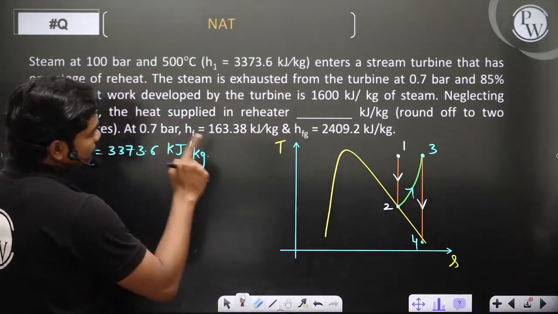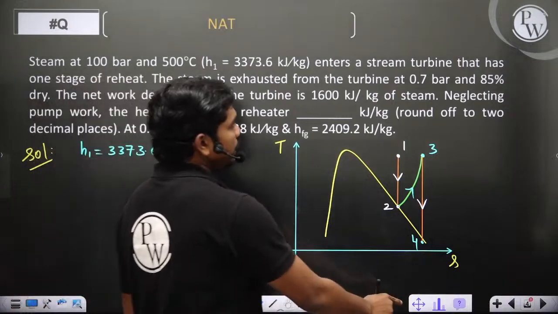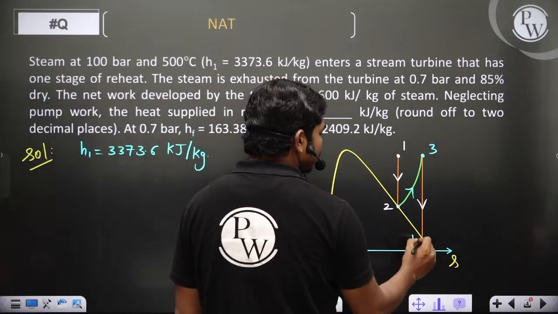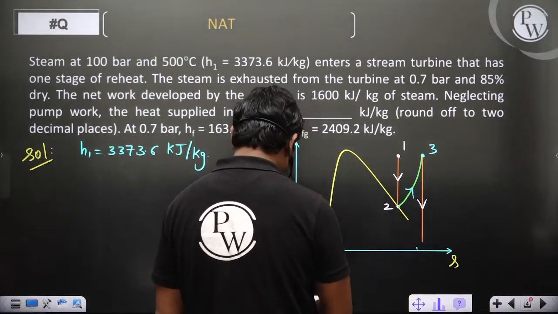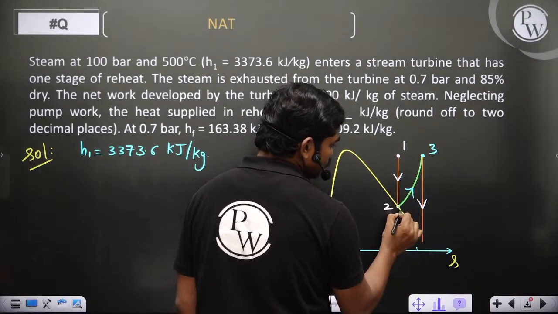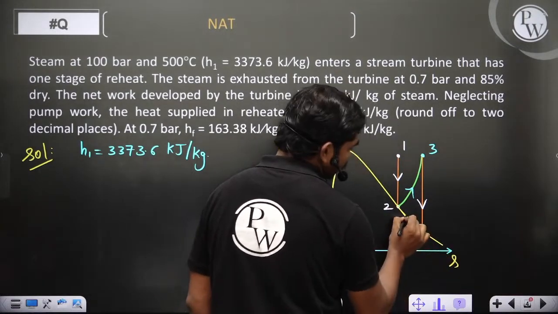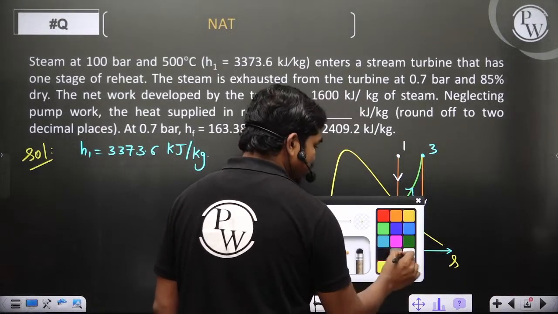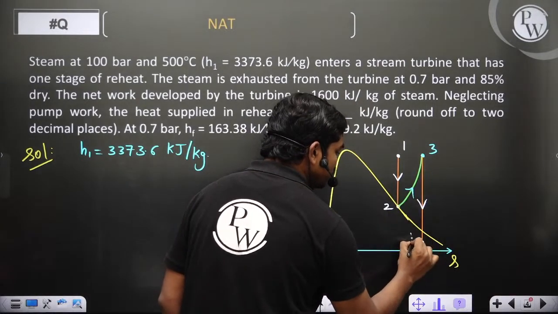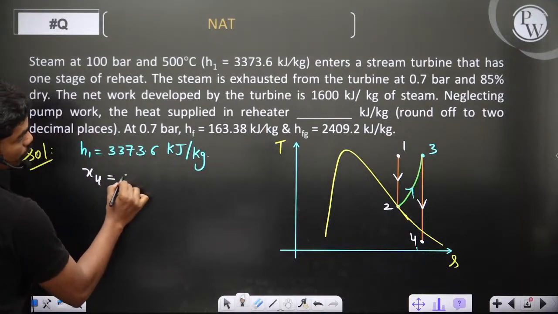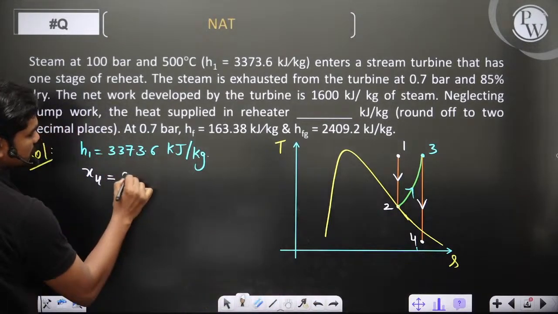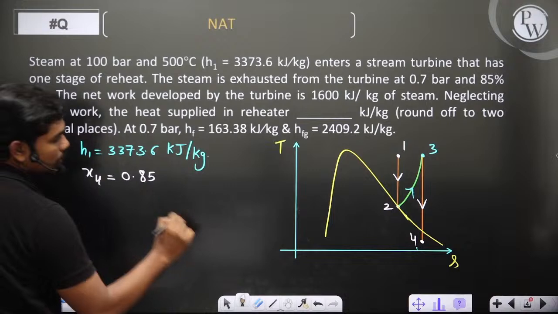The steam is exhausted from the turbine at 0.7 bar and 85% dry. Here, I can just take the curve slightly far away. So if I take the curve like this, then at this location, state 4, they are telling you the dryness fraction is 85% dry, so this is 0.85. And what about this pressure?